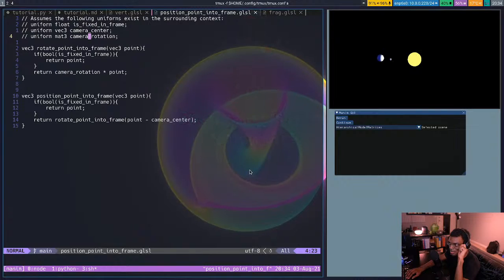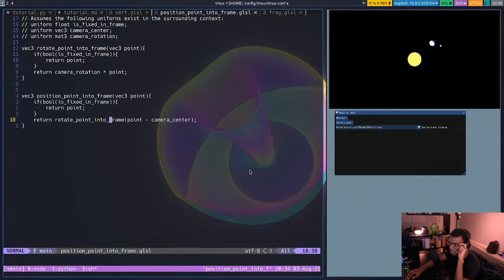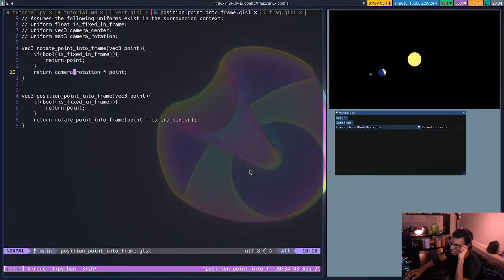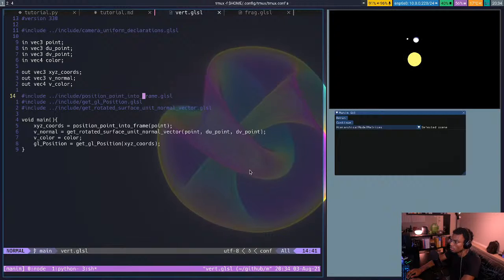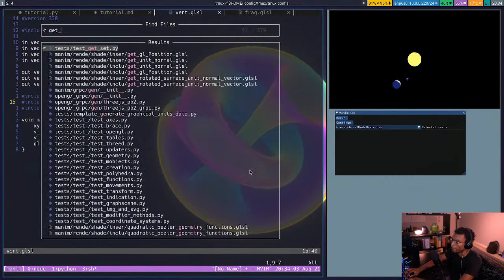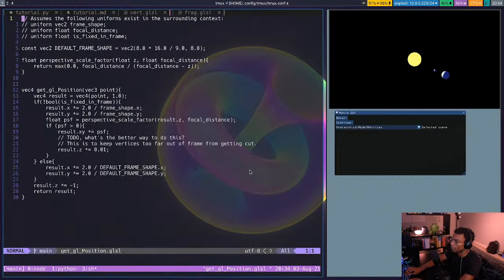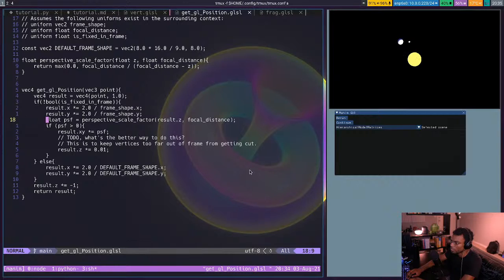But it takes the camera center and camera rotation and then transforms the point: first it translates, then it rotates it. So this is literally a by-hand view matrix. The get GL position is probably something similar. Oh, and this is incorporating perspective.